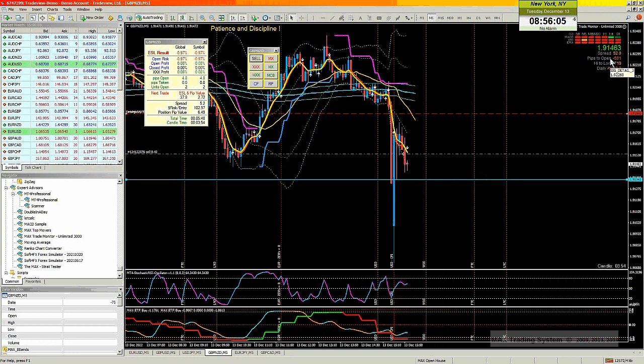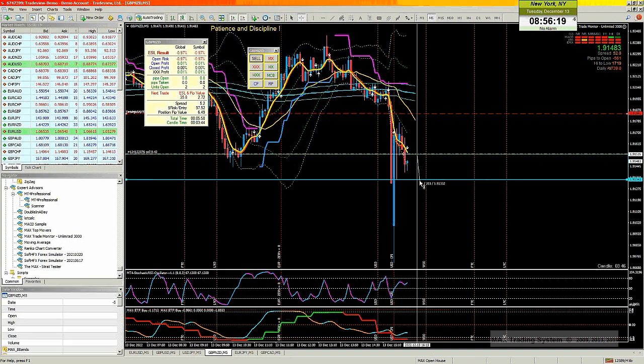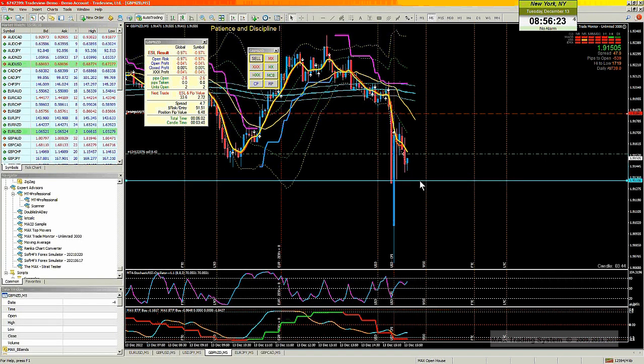We have a big spread for the pound Kiwi, so 5 pips. 15 plus 5 is 20. So I will set a target profit at 20 pips, here at around 191.33, in this area.